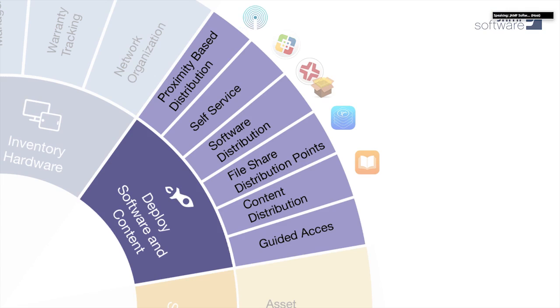We're also doing some interesting things with a technology called iBeacons. iBeacons is a Bluetooth technology that determines proximity versus GPS determining location. And you can do some really cool things with this. For example, we've seen some organizations put iBeacons near their printers.